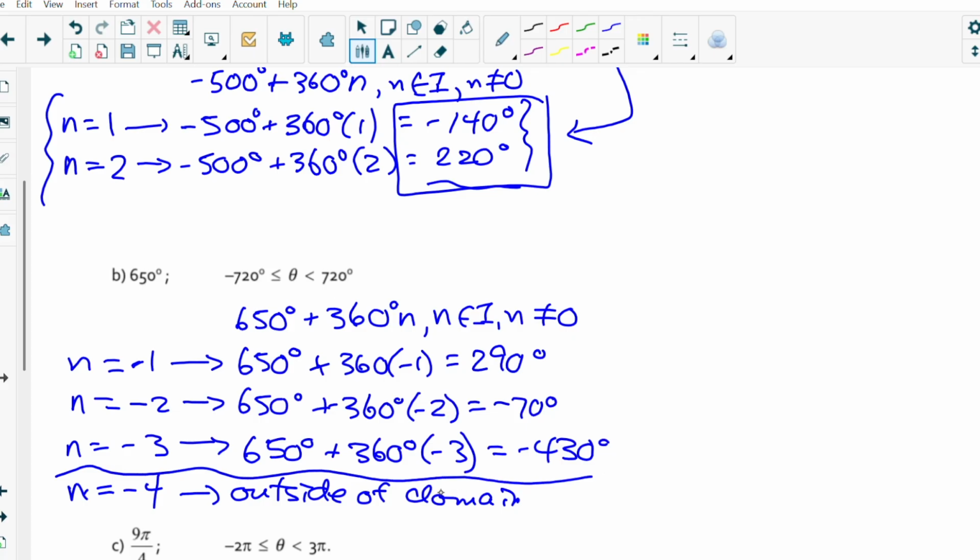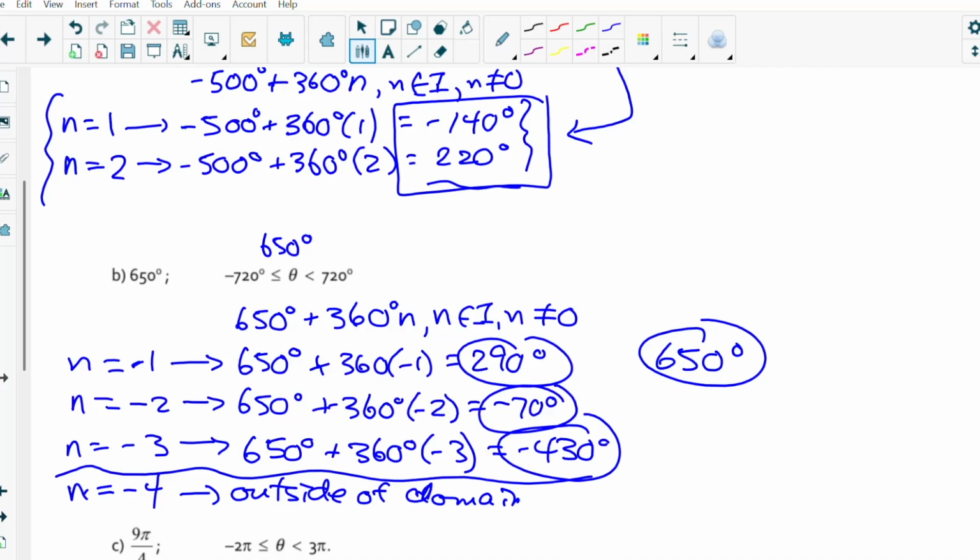So I'll stop here. Also, the original angle, 650 degrees, that's within my domain, right? So all the angles that are coterminal within the given domain: 650, 290, negative 70, and negative 430.